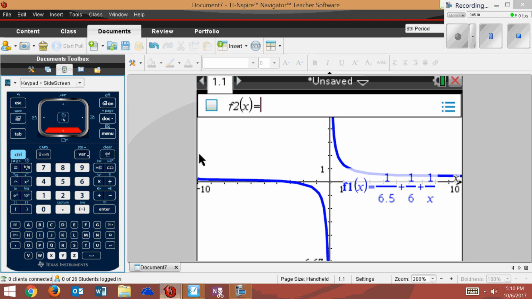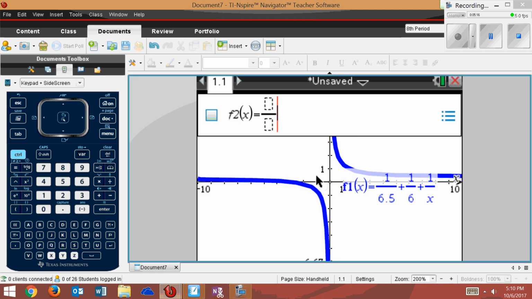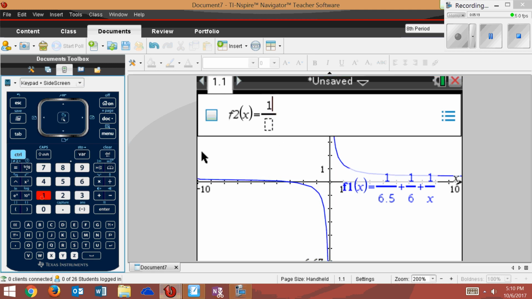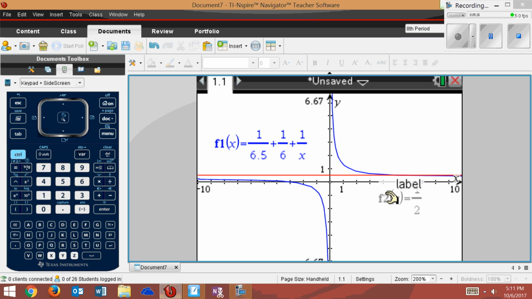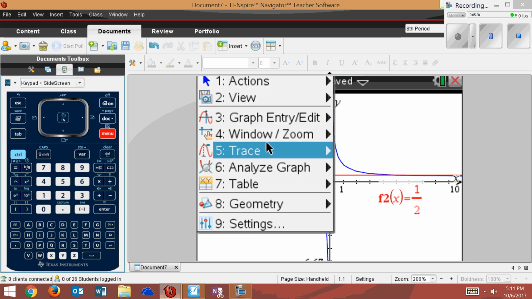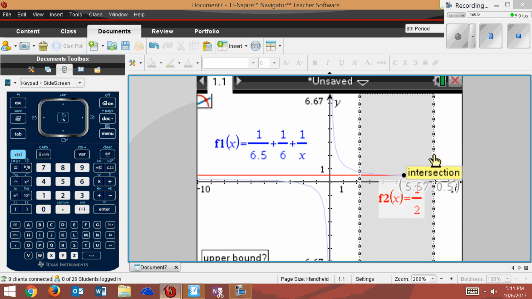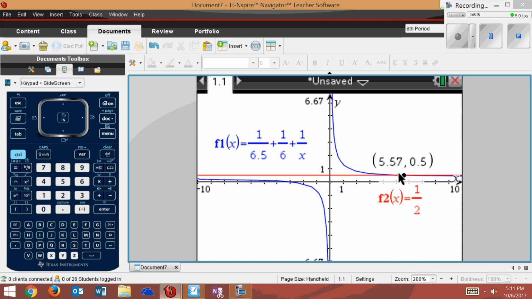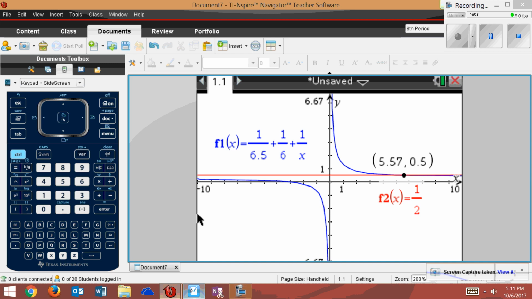And then we're going to have a second equation, and now we want that to be 1 over 2. Now as I look at these, I'll have the solution where they intersect. And that's how we would come up with what speed he must paint the house to get it within the time.